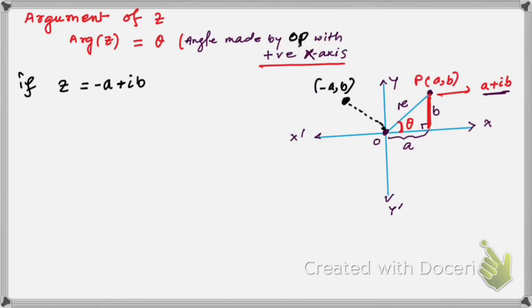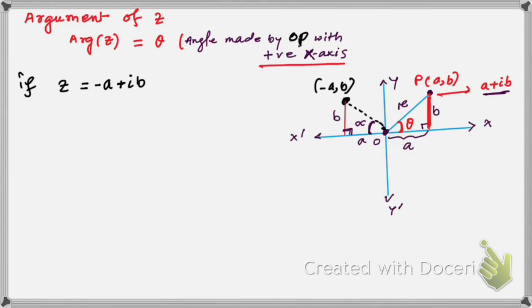If you draw a perpendicular here, let me take this angle as alpha, this side is B and this is A.